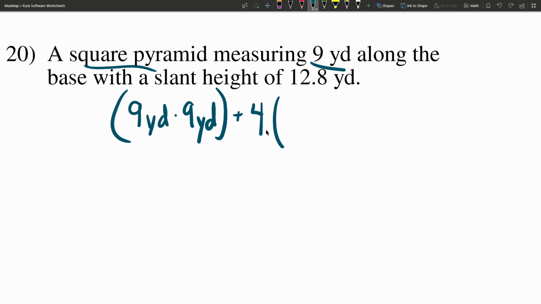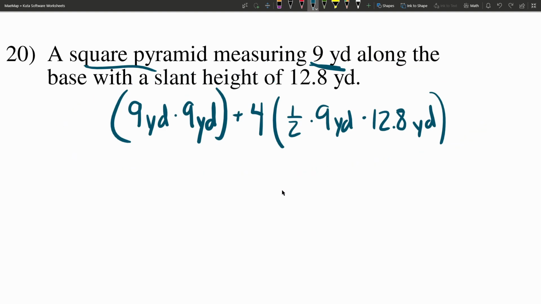Now think about this. We know that the base of one of those triangular sides is 9 yards because that connects into our square. So we have 1/2 times our 9 yards, but what's the height of that? Well, it's the slant height of 12.8. So multiply that by 12.8 yards. And there we have it.